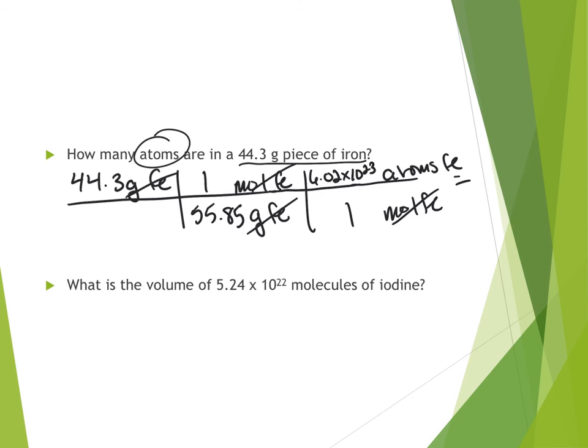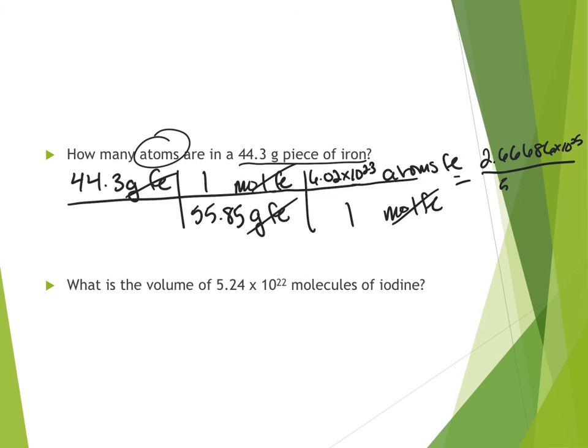So, get my calculator going here. When you are doing this, again, you're going to multiply everything on the top together. So 44.3 times 6.02 times 10 to the 23rd, and you're going to get 2.66686 times 10 to the 25th.